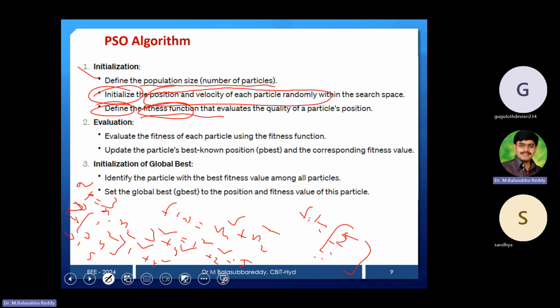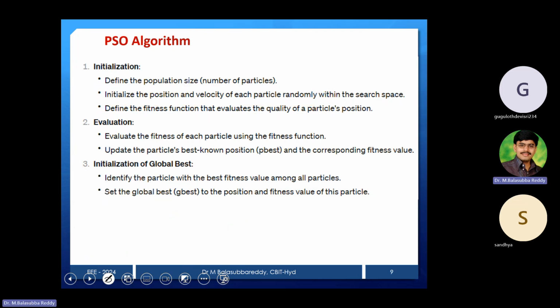And define the fitness function that evaluates the quality of the particle position. And next one is evaluation. Evaluate the fitness of each particle using the fitness function. Whatever I used previously, I call it a function value.